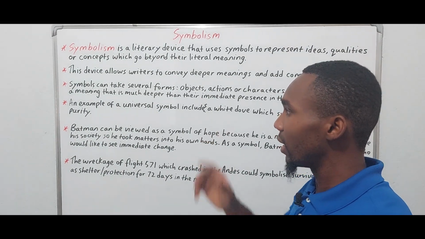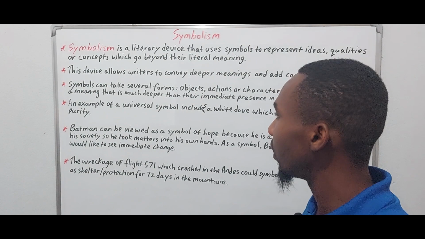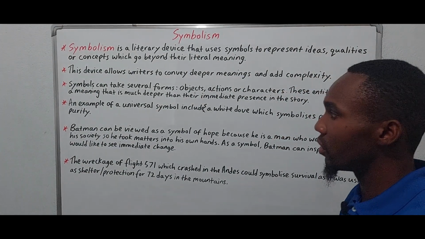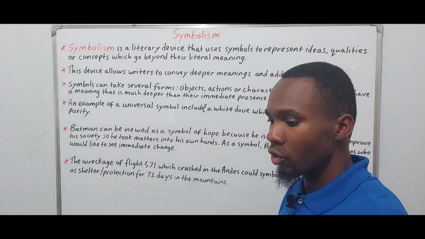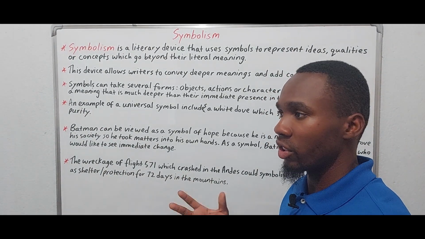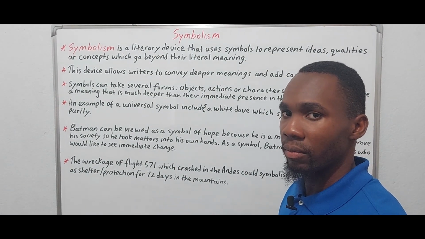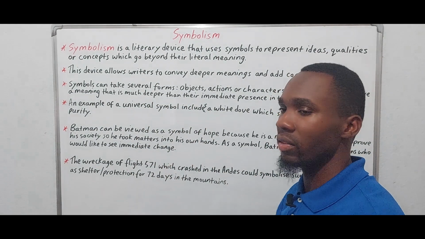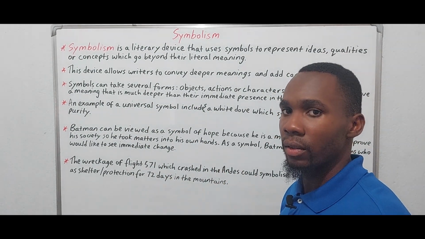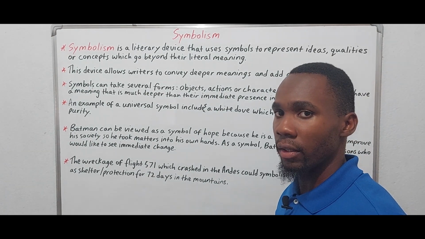So let's look at an example. An example of a universal symbol includes a white dove, which symbolizes peace and purity, right? So a white dove, which is a bird, it's not just a bird, it is a symbol of purity and peace. And I say universal because this is the interpretation across various contexts, right?